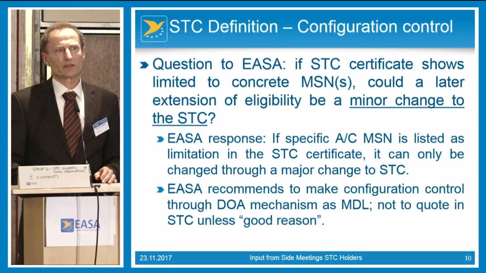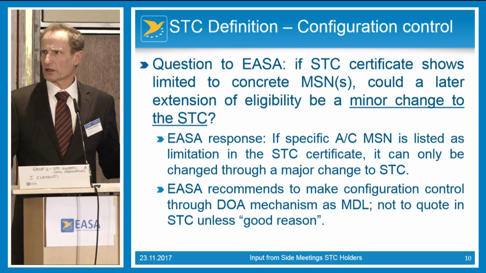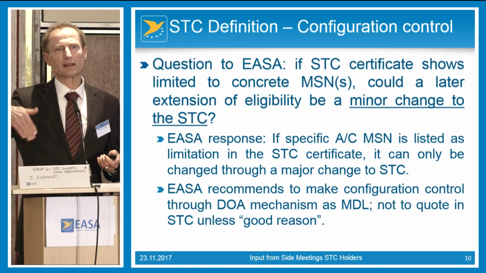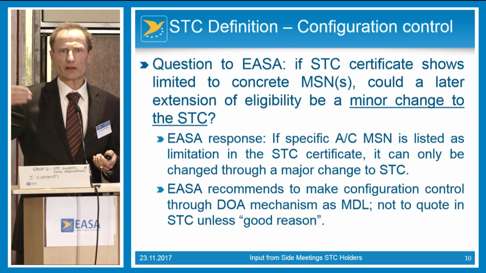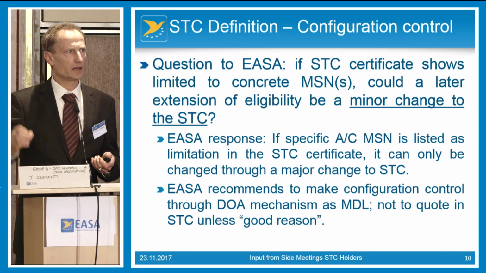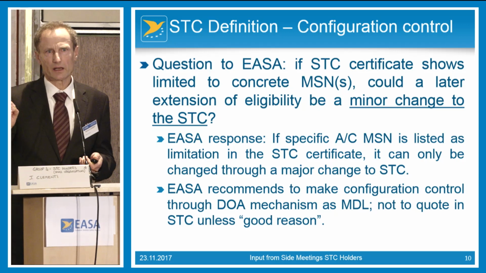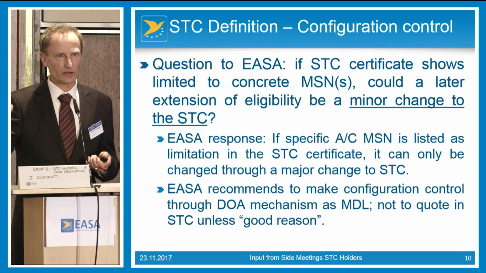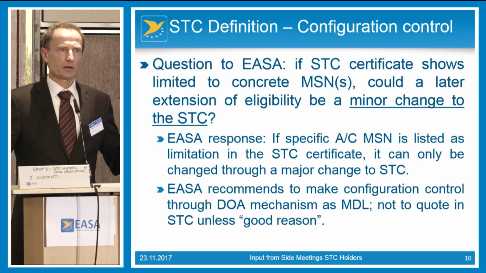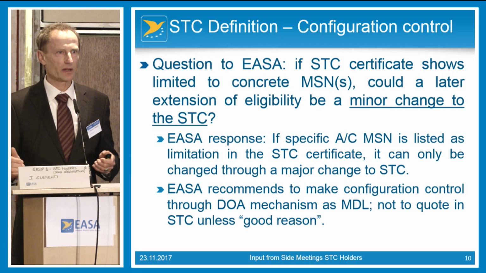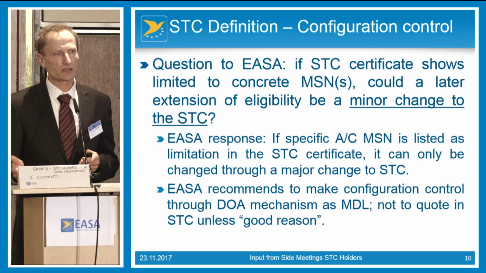As a small design organization, you may know we have more or less two different ways of getting an STC. We can ask EASA to have the STC directly and clearly dedicated to one aircraft serial number. Then we have, in the end, a little bit reduced paperwork in the documentation.